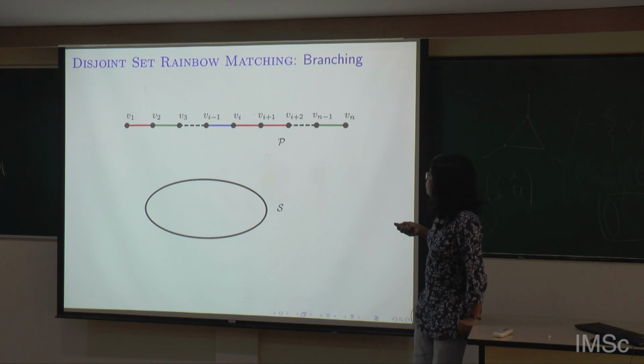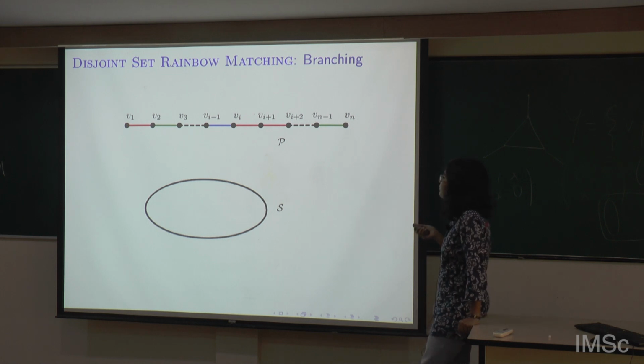Now let's look at this problem more clearly. I have this path P and I have this set S. Suppose this edge vi plus 1 is in a solution of colorful matching, and from this prefix part we have exactly one edge in the colorful matching.